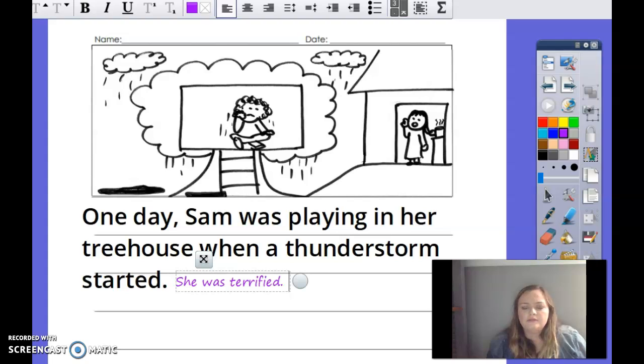Now, let's see, what could I... hmm. What would I be thinking if I was stuck in the treehouse? I'd probably be thinking, "Somebody help me." Or I might be thinking, "Oh no, I'm going to be stuck up here in this treehouse all night."